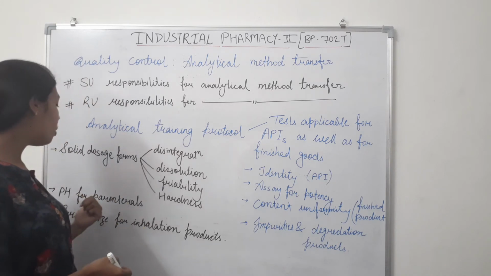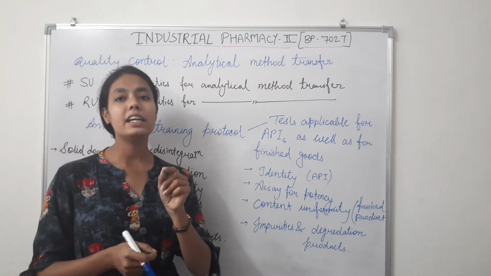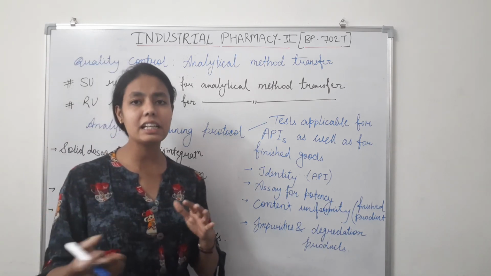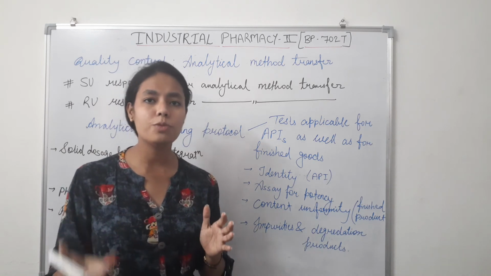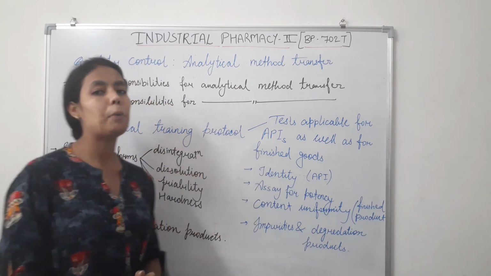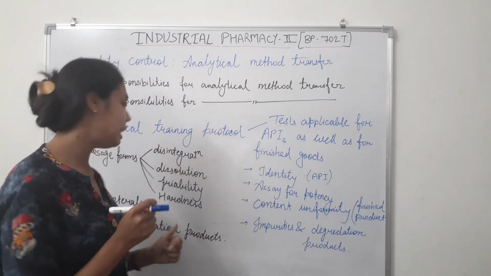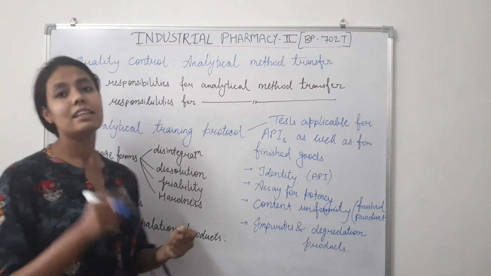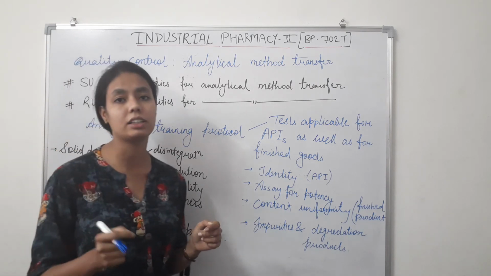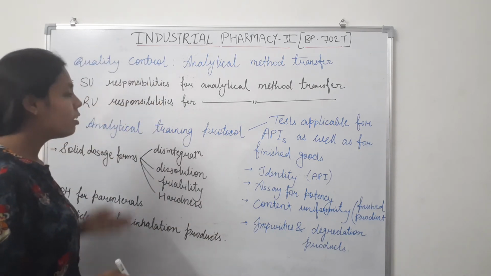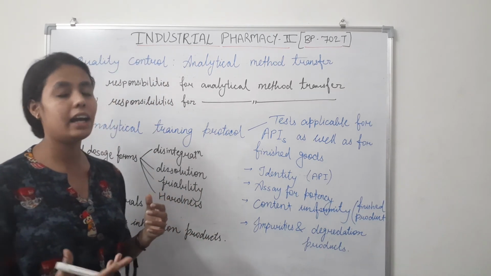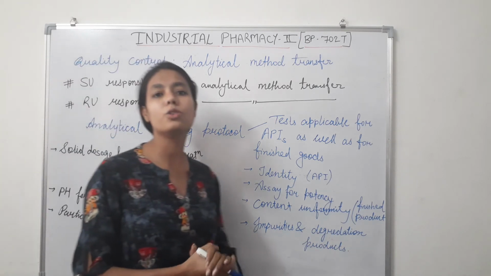Apart from that, if we talk about parenterals, pH is a very important criterion, as in case of transdermal dosage forms or topical preparations like semi-solid ointment, paste, lotion, etc. Apart from that, another important criterion is particle size determination for inhaled dosage forms or inhalation products. So these are the various dosage forms and the various tests required to test all these dosage forms.